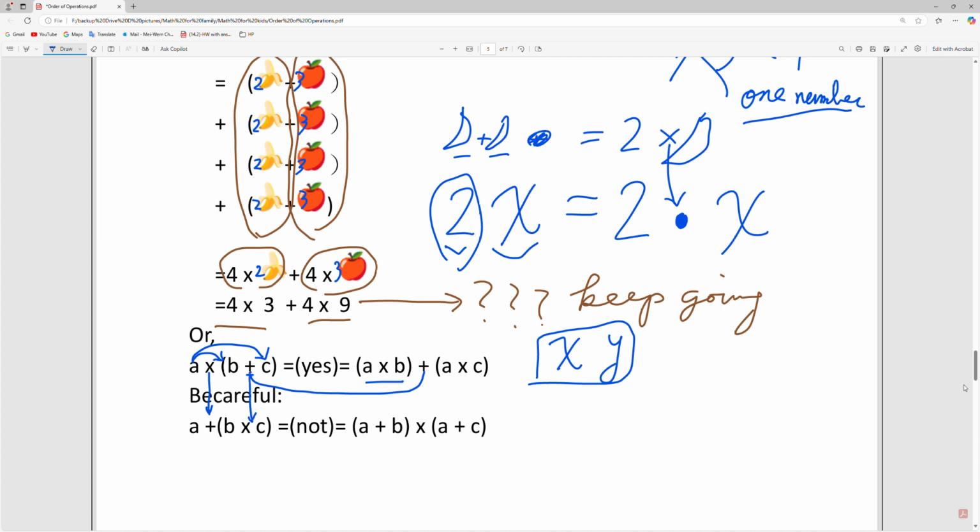Now, another example, A times B minus C. This means A times. Okay? If you have a number with a symbol or another symbol, it also means multiplication. Then it goes to yes. And if you have subtraction, distributive property, also yes.